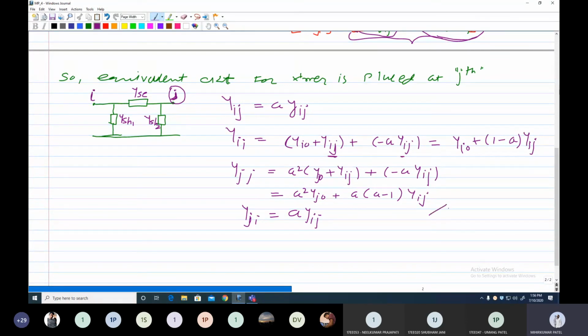So clear up to this? This is your derivation for your equivalent circuit considered at the left side of your regulating transformer, or we can say our transformer is placed at the jth bus in the network for a 2-bus network. Clear? Now, does anyone have a doubt?